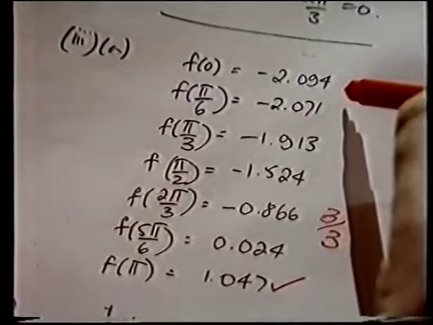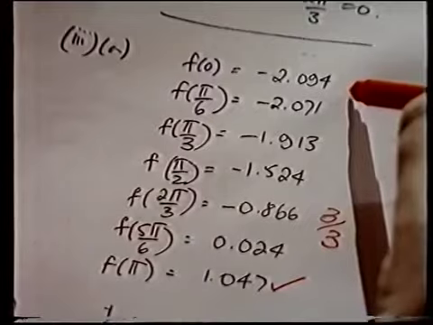Well, if you've got a pencil handy, then before we go on to the answers to part 3, you might like to jot down what the correct function values are. I've got a student here who has the correct answers on the script, so let me read them out for you. F of 0 is minus 2.094.